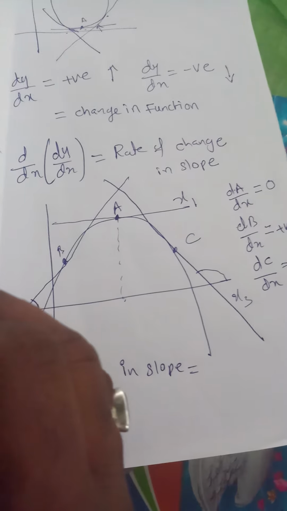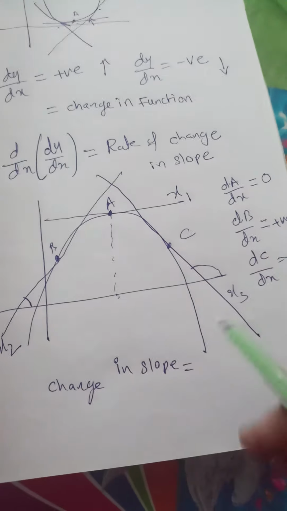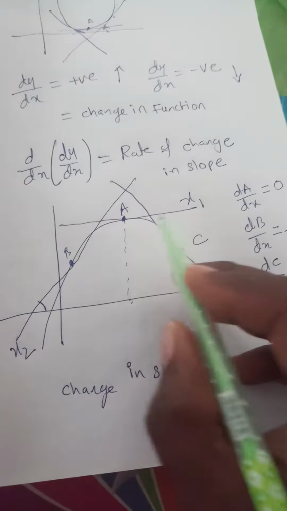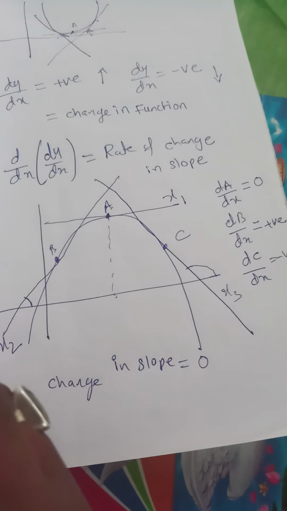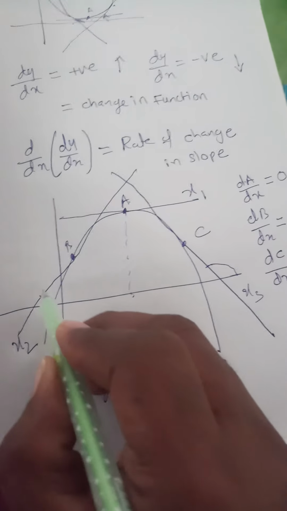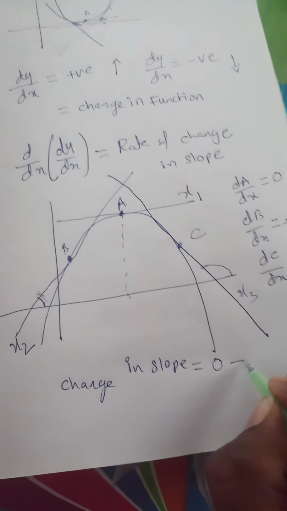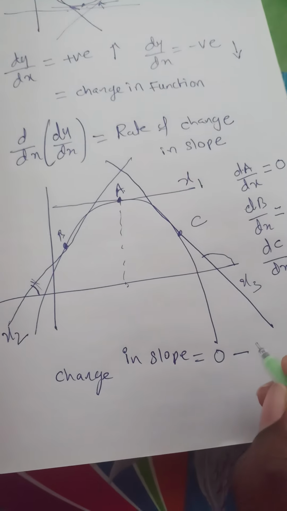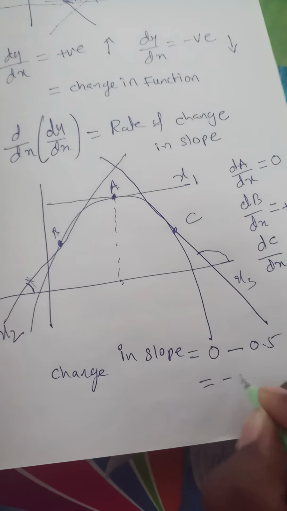If I want to find the change in slope from right to left, it is the slope at point A minus the slope at point B. At point A the slope is 0, and at point B the slope is something positive, say 0.5. Change in slope is final minus initial, so 0 minus something positive, I am getting a negative.